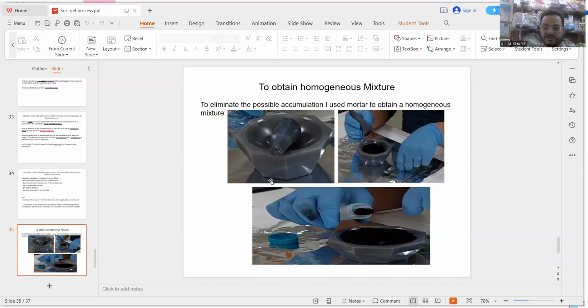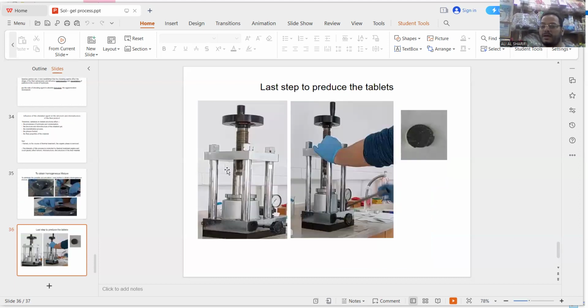All these three pictures are clear. I crushed it in the mortar and put the final homogeneous product in the tube.